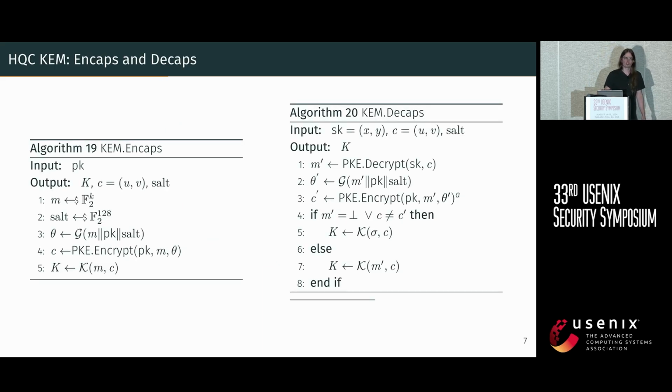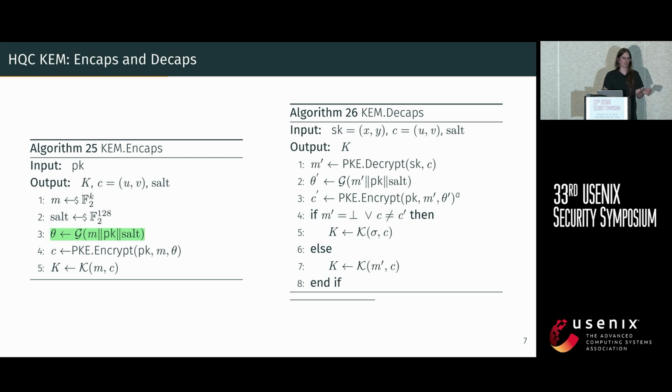So what we use is a variant of the Fujisaki-Okamoto transform to obtain a CCA secure KEM. And essentially, we still run this encryption algorithm, but now we use a random message as an input. And we de-randomize the encryption. So we compute a Z theta that is based on the message M, and then run the encryption using this seed.